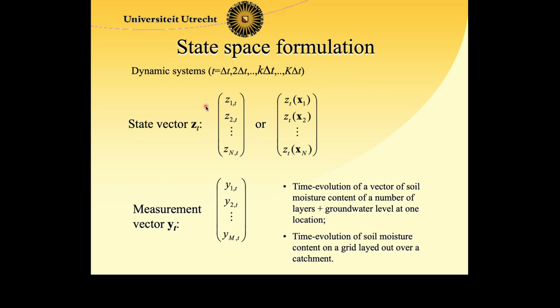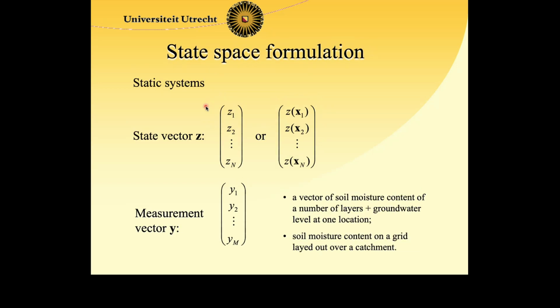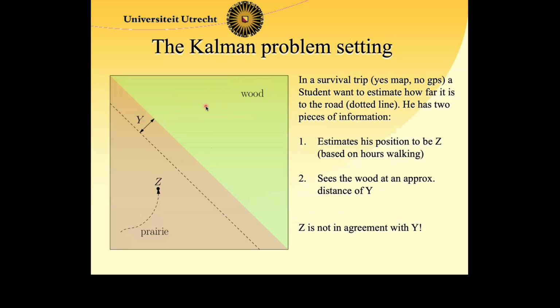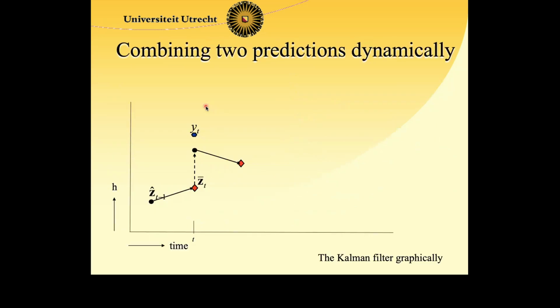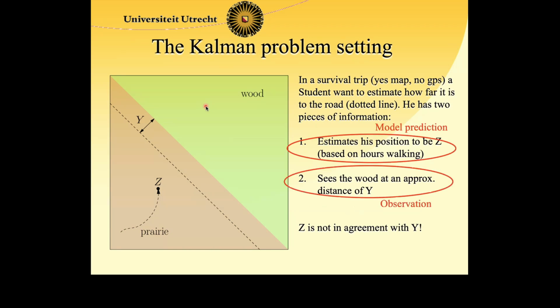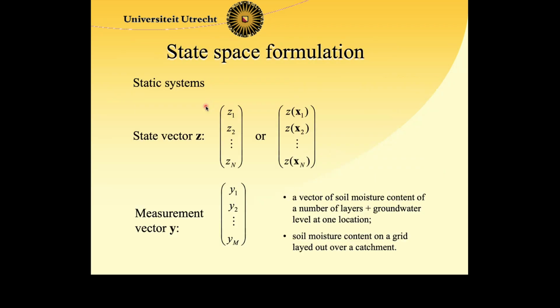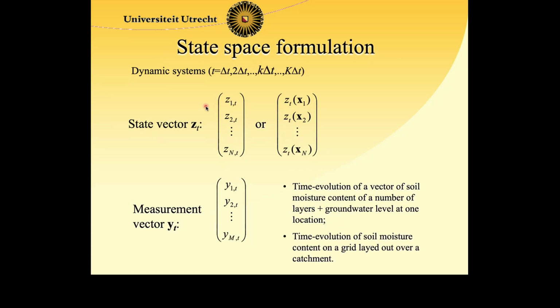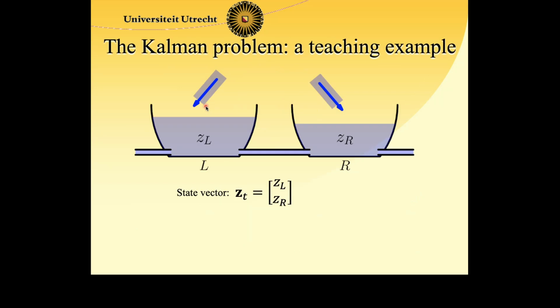So let's move to the formulation of the Kalman filter, because previously we looked at the Kalman filter only for a single value, a scalar, but now we're going to extend the Kalman filter to a state space where we have at least two different variables that we jointly want to trace in time.